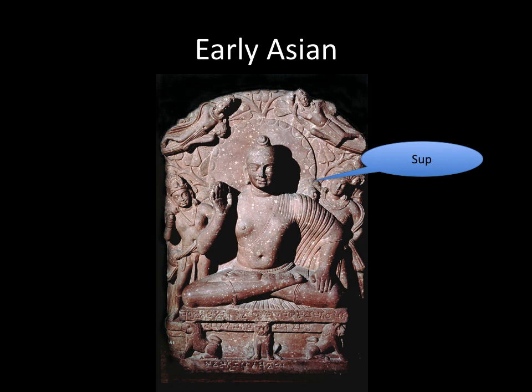So that's constantly changing. And there's also significant hand gestures that signify different states of being. So joined hands in the lap is a gesture of meditation and balance. It symbolizes the path towards enlightenment.